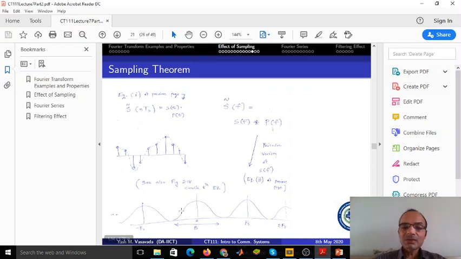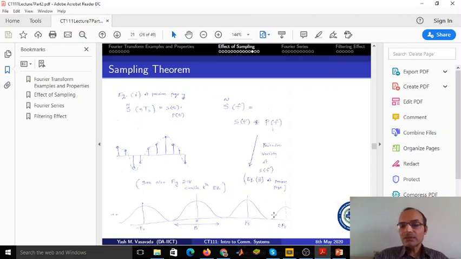And therefore the spectrum became periodic. Okay, so this is one more way of understanding why sampling in time domain would make the spectrum of the signal periodic in the frequency domain.